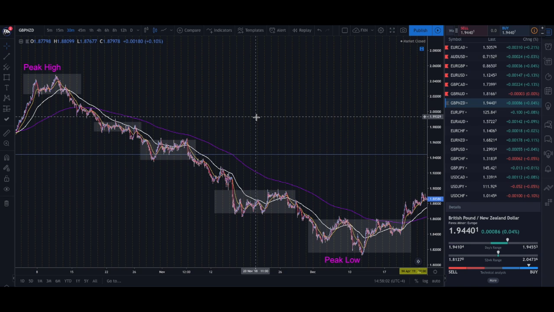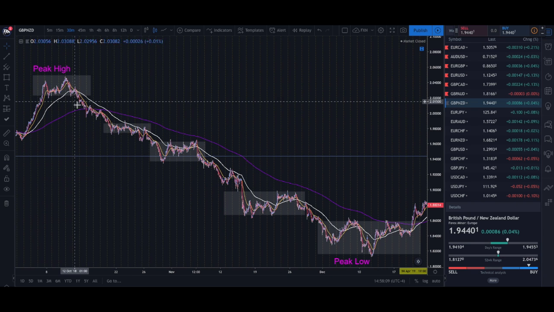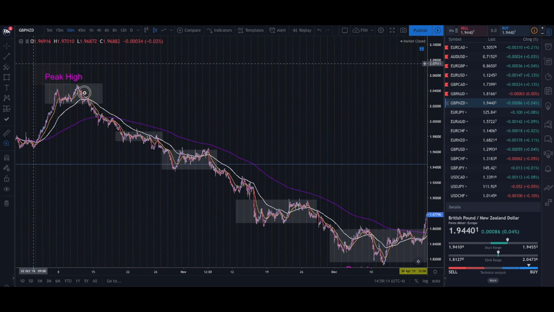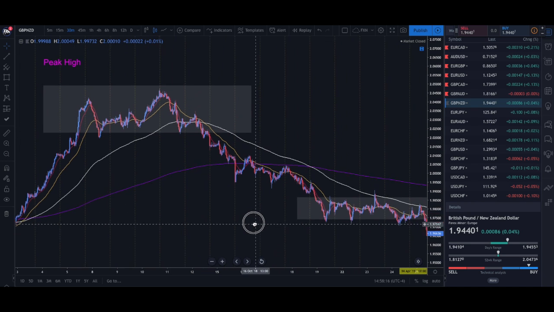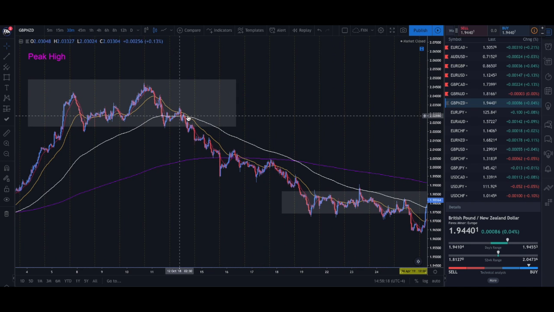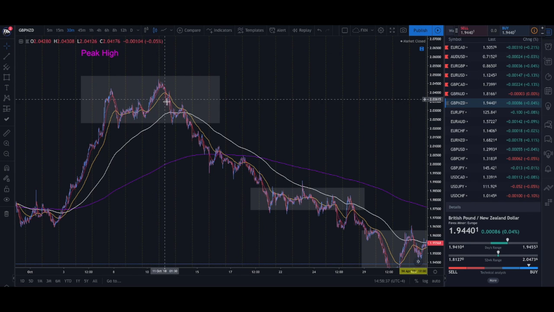Here is a clear example of a peak formation high here and a peak formation low here. You see how we can use them as take profits. I'm going to zoom in here so you guys can see. This white line is the 200, the purple line is the 800. If we know that we're at a peak formation high, we can totally use them to trade against the trend.